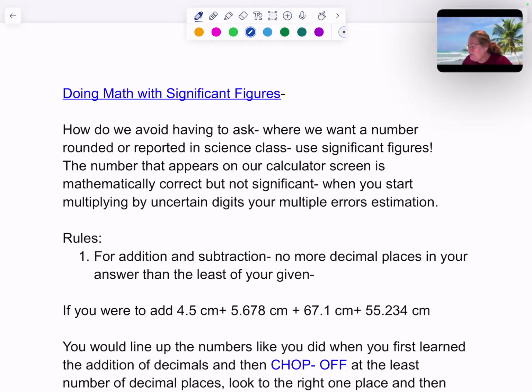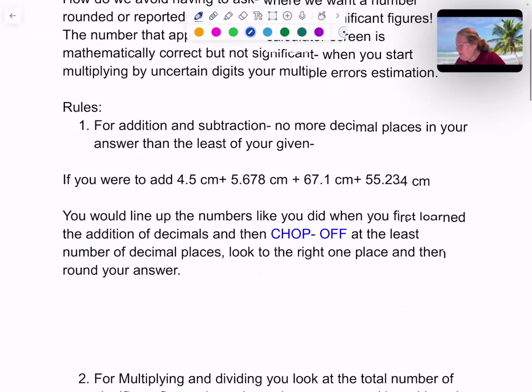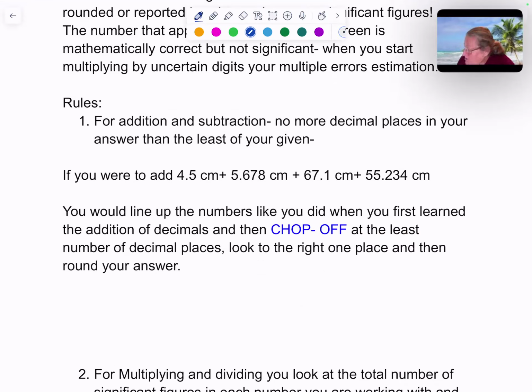But what you do is like you did when you were first learning how to do math. You'd write your numbers down. So here we've got 4.5. And when you first learned how to add decimals, your teacher probably told you to line up the decimal points. And our last one here, 55.234.